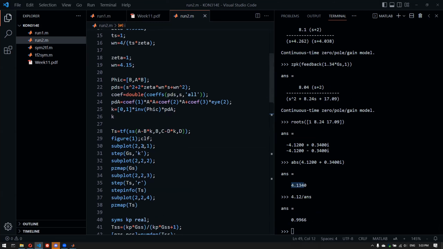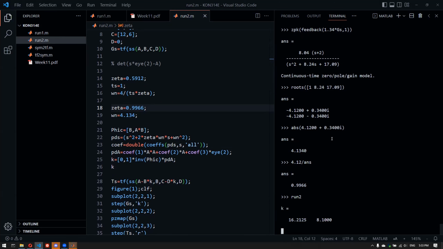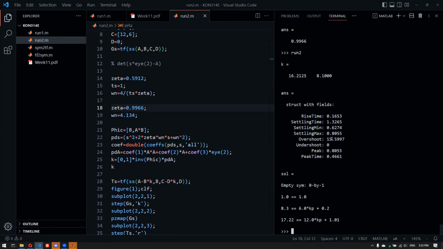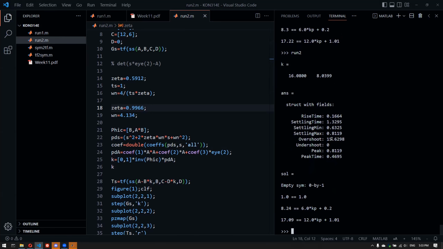So let's use these specific values. Hopefully it will work. So 4.134 and 0.9966. Still not accomplishing it, I guess. Yeah, it's not playing with us.